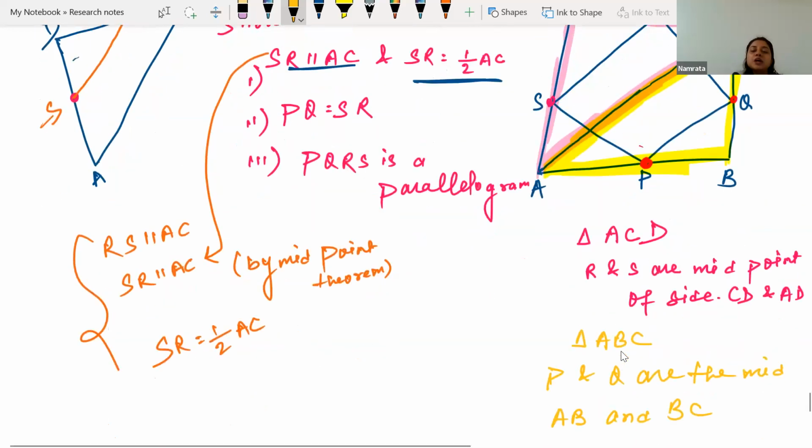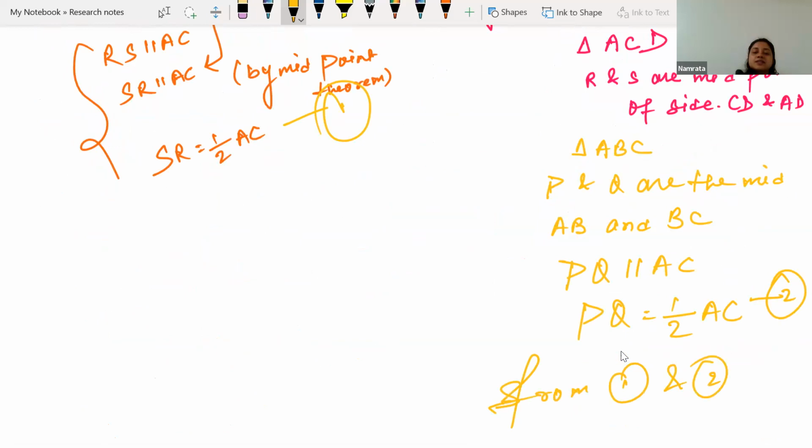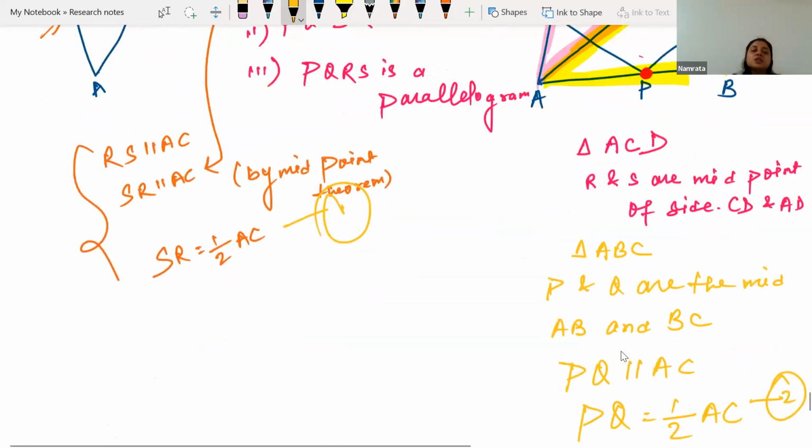Now if you compare 1 and 2, can you see SR is half of AC, PQ is half of AC. So obviously from 1 and 2, SR and PQ are the same. That's what we needed to prove over here, that PQ and SR are the same.